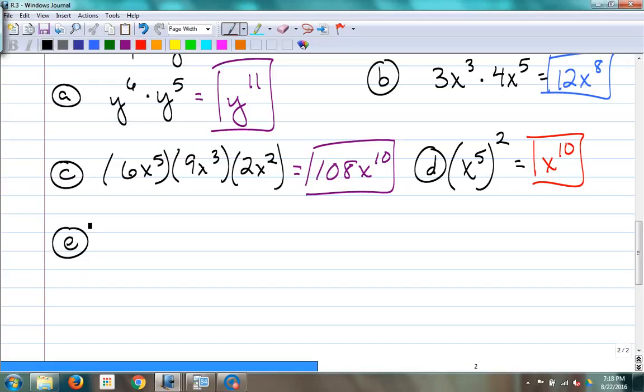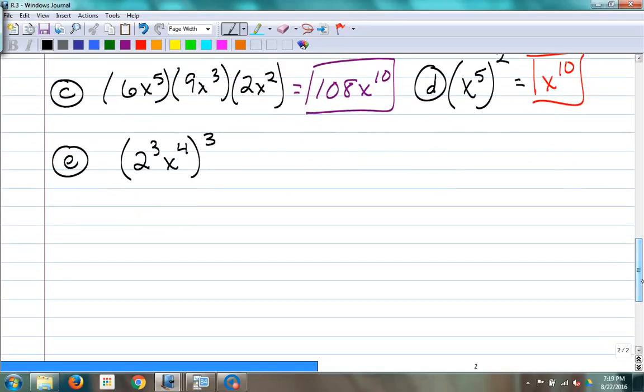E. What if we had 2 to the third power on the inside? So that's just a number with an exponent, nothing bigger. And then x to the fourth power inside there as well with parentheses. And then let's put an exponent on the outside. Let's use a 3. So there's more than one thing on the inside of the parentheses.